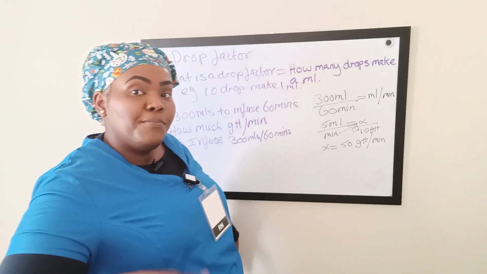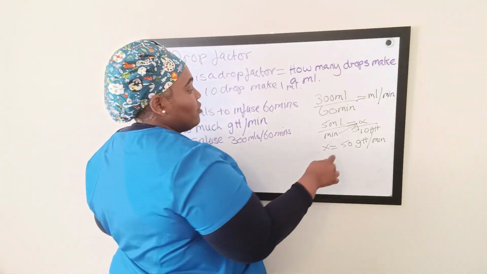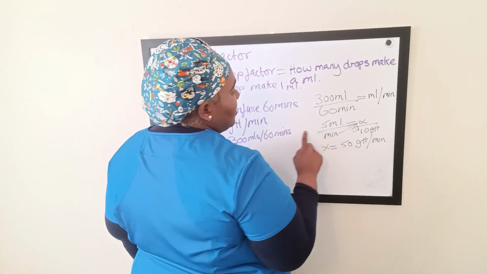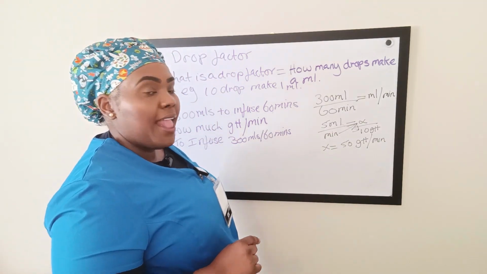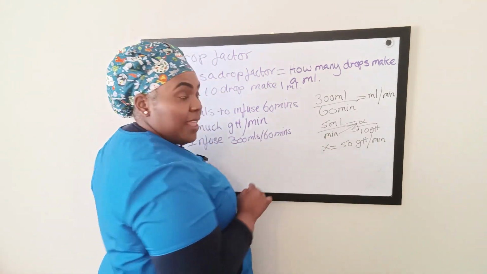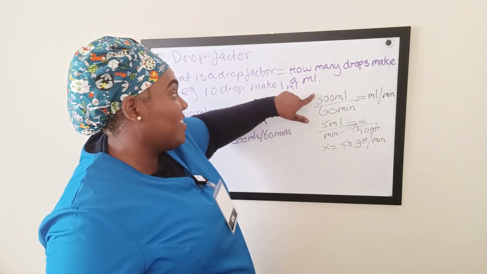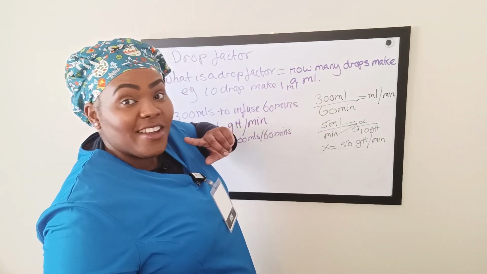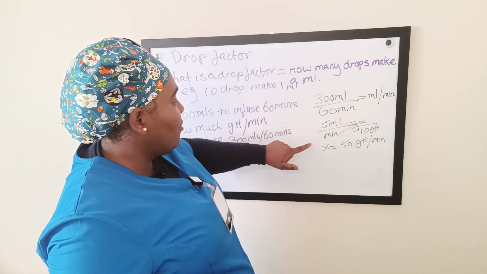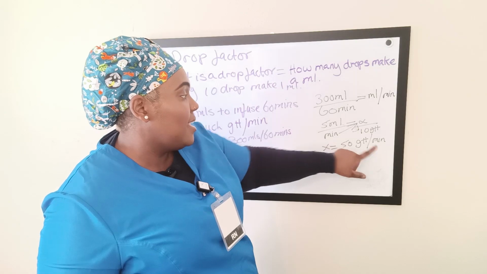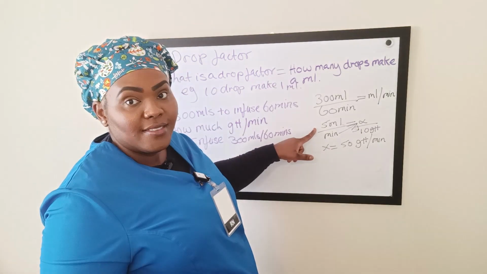mils. Now you could back count that, okay? So if I'm giving 50 drops, which is 5 mils in a minute, and I multiply that by the 60, because I can multiply the amount I'm given by the time to make sure I'm giving the right amount. So see how you could cross-check your medication? So now we know we're giving 50 drops in 1 minute, which is equivalent to 5 mils, right?